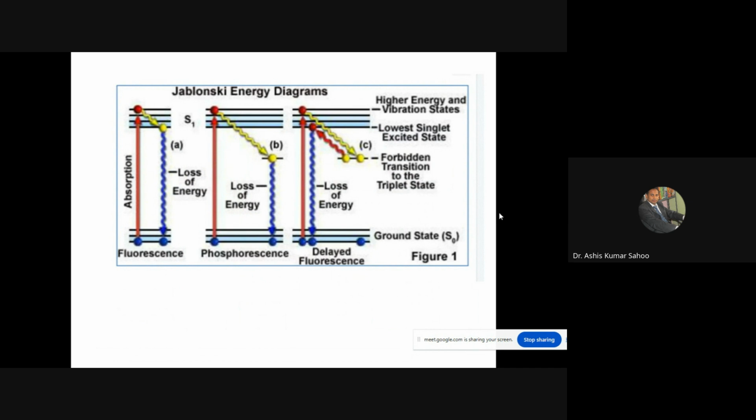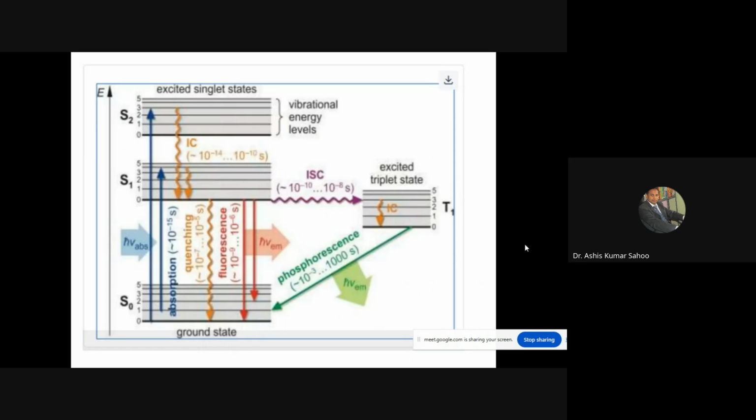These are the vibrational levels and rotational levels. You can see this is the singlet ground state. The electron can jump to the first singlet state S1 and the second singlet state S2. These are the vibrational energy levels.